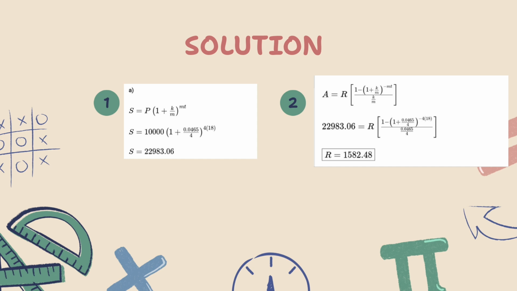After substituting the given values and solving for R, the quarterly payment is 1,582.48.